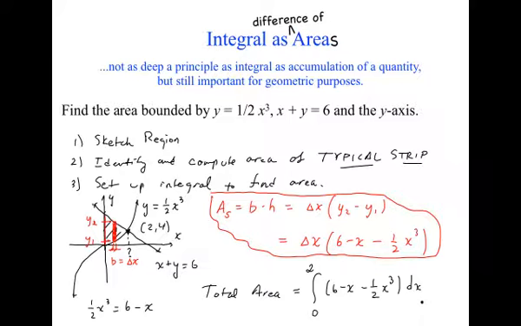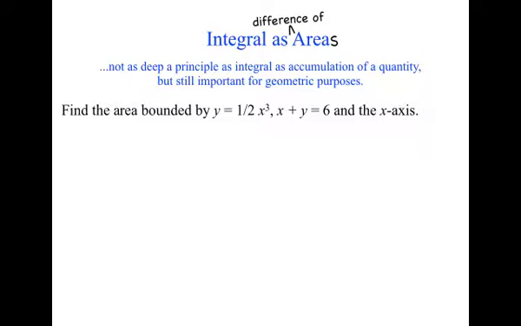Okay, so same curves. We want the area now. Same curves, but with the x-axis. y equals 1/2 x cubed, x plus y equals 6, and the x-axis. I'll sketch it again.